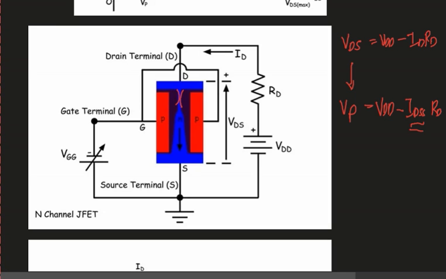So this voltage nga gin-apply nimo nga naka-produce na sang zero nga current, this is known as your gate cutoff voltage. So your gate cutoff voltage.